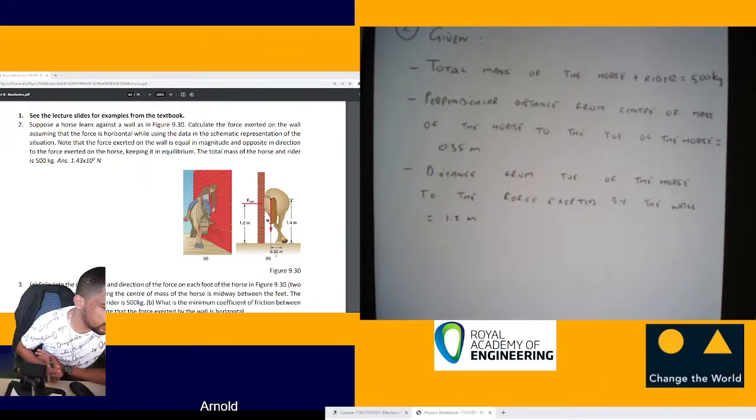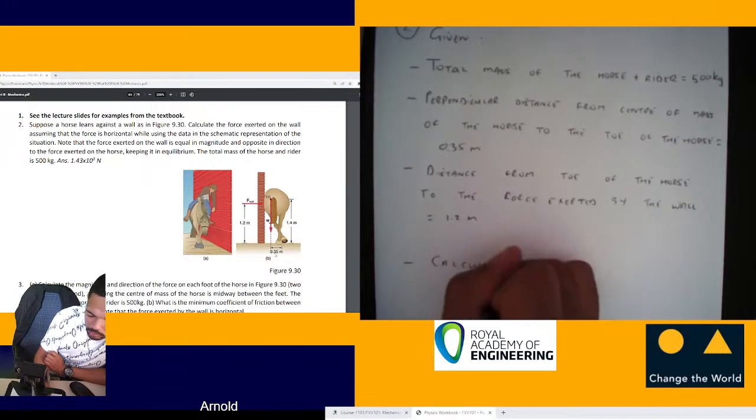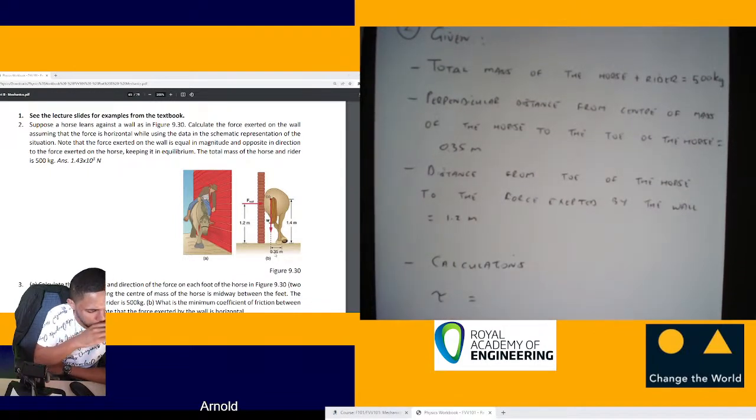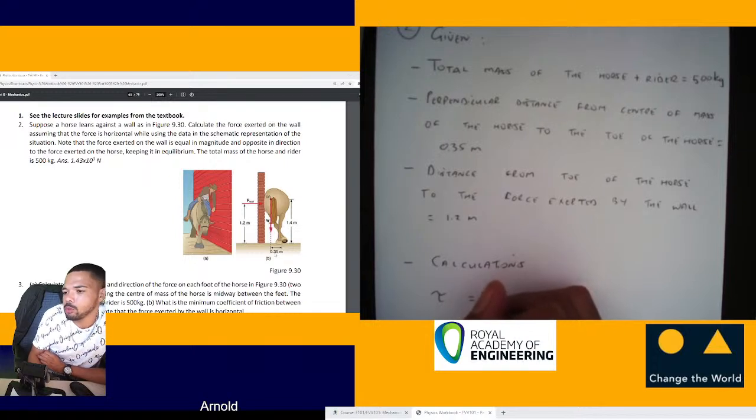Now the torque is, how do we calculate that force? Okay, these are the calculations. The torque is equal to the distance multiplied by the perpendicular component of the force.